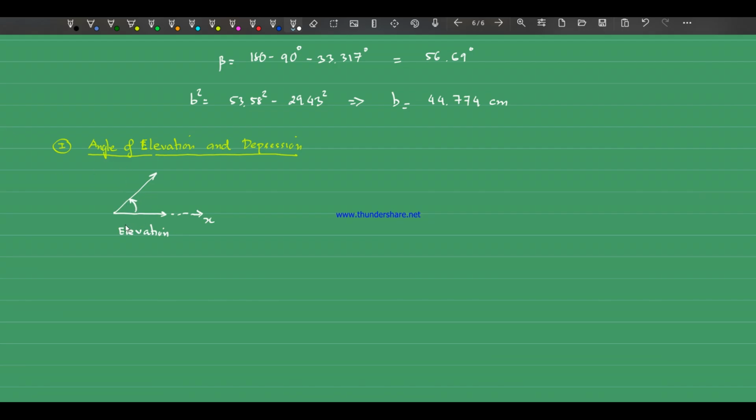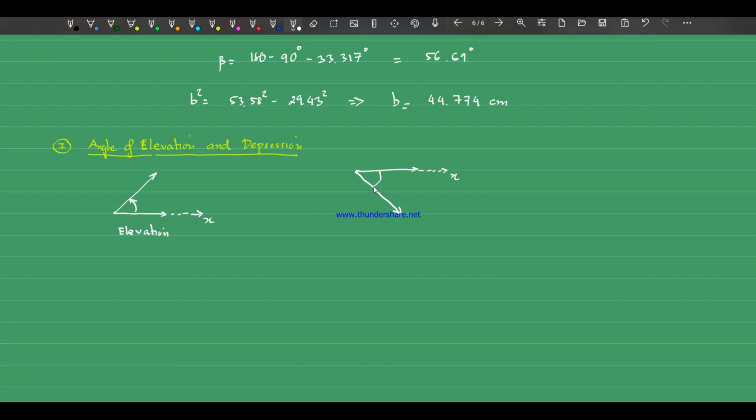Elevation, counterclockwise, and for the depression, we also have the x-axis go like this, and the terminal side this way, but instead of opening upward, it's open downward, clockwise.